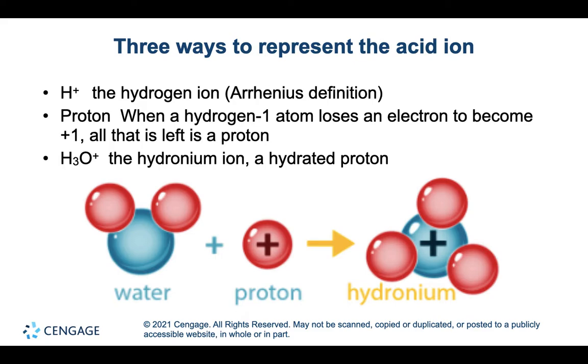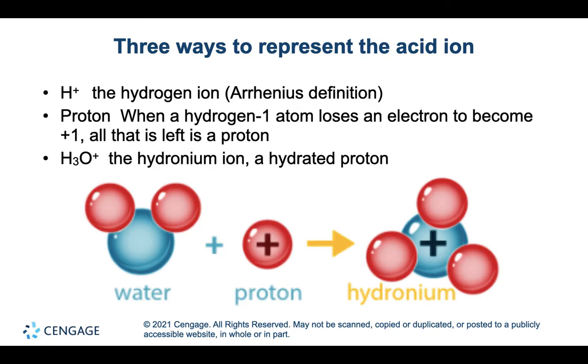So we have different ways of representing this ion that is normally considered the ion of acids. First of all, Arrhenius would say the ion in question that represents an acid is H plus, and he would call it the hydrogen ion. A hydrogen atom that has lost an electron, H plus.